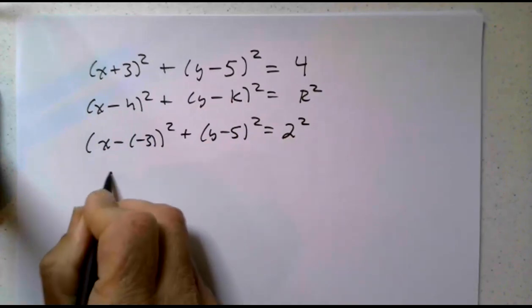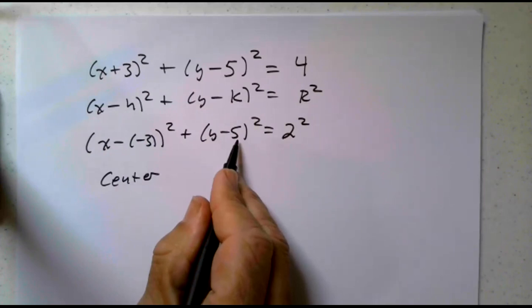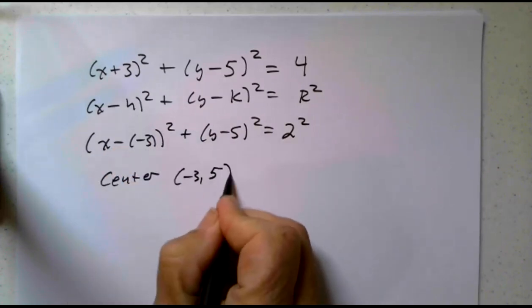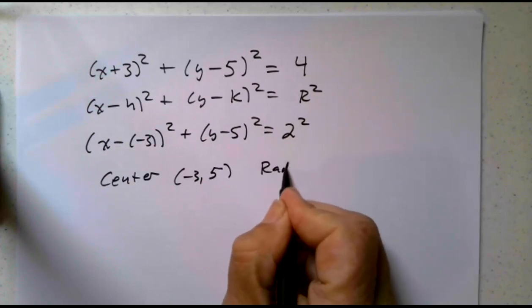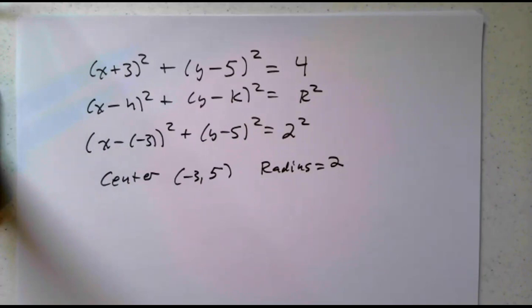So our center is h comma k. So h is negative 3. K is 5. And the radius equals 2. So let's go ahead and graph that on Desmos and see if we are correct.